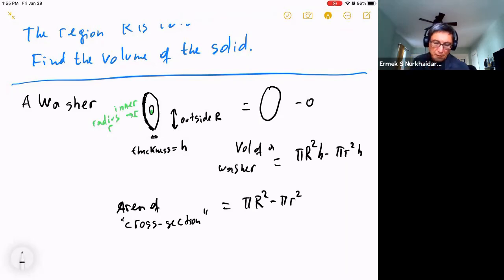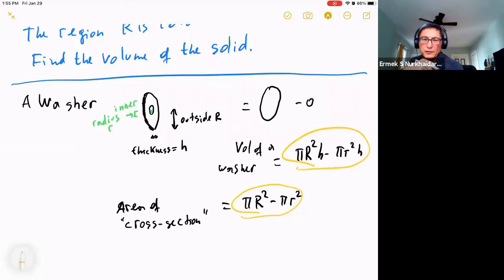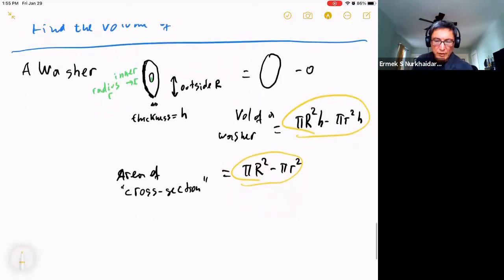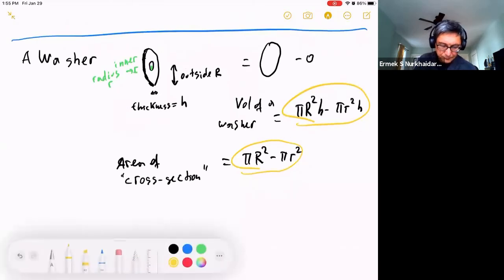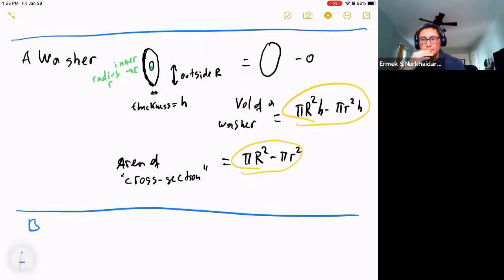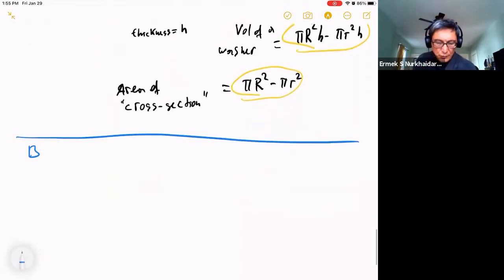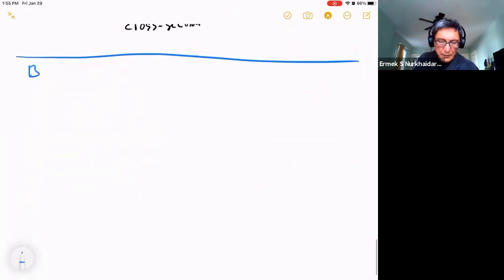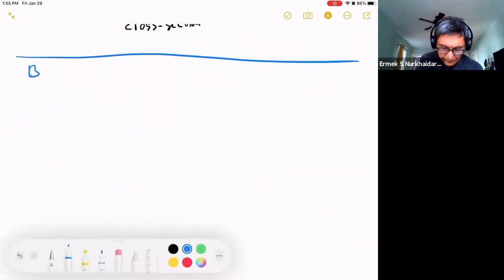So either this one or that one, some of these formulas might be useful. Okay. So now let's go back to the problem.